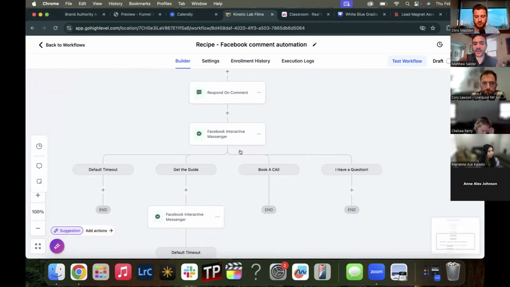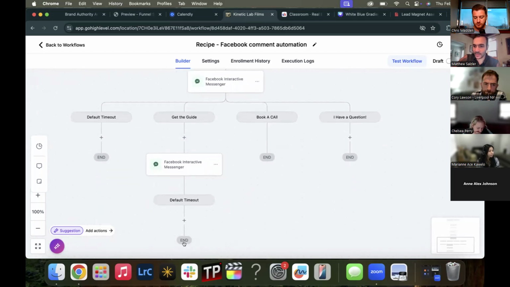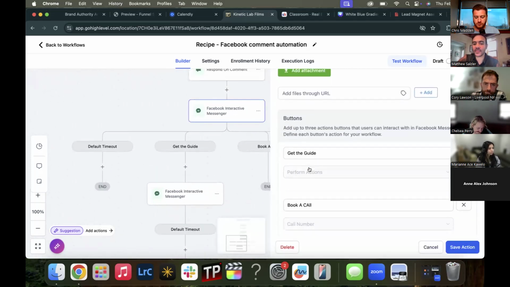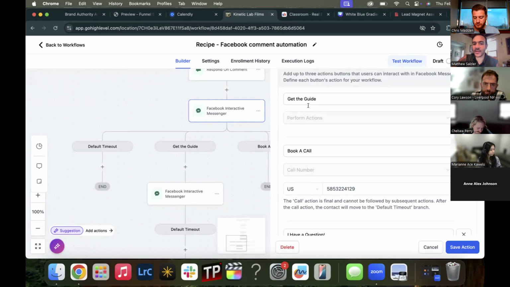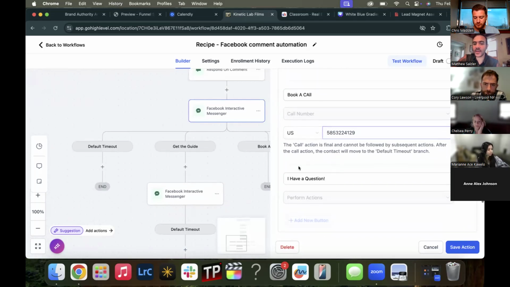Right now, if they don't even download the free guide I have here, it just goes away and they don't get anything else. If they do download the guide, another step jumps in, sends it over, and then it ends. On mine, I can also add get the guide, book a call so they can literally call me right away, and I have a question.